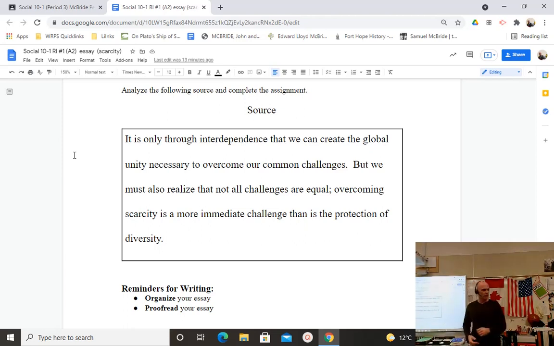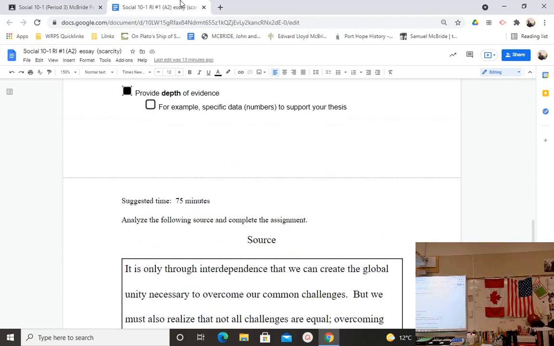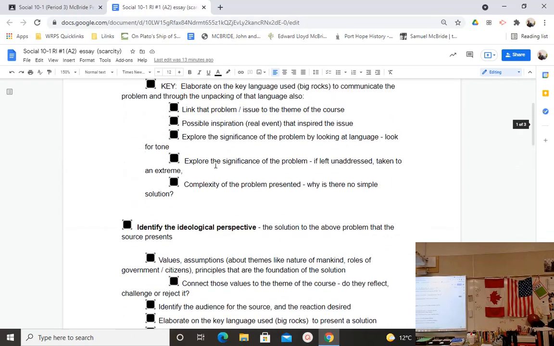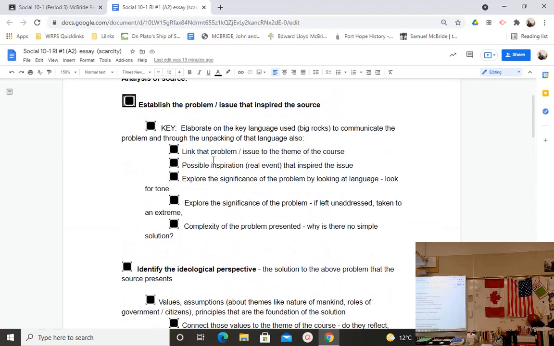So step one, you can see our steps are on that list. Step one, we want to see what inspired the source. What's the problem, right? So up here it says, link the problem, issue, and possible inspiration, and significance, and if left unaddressed.